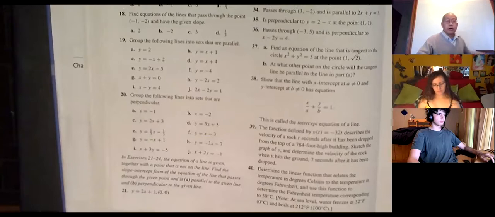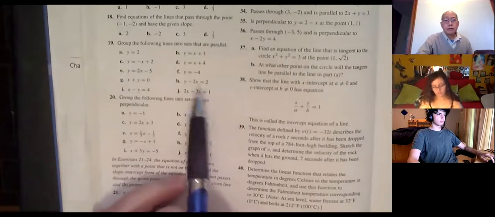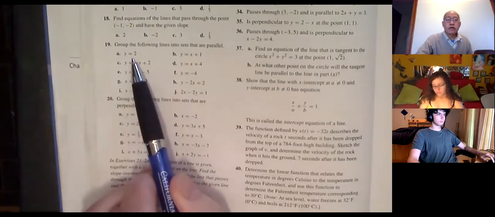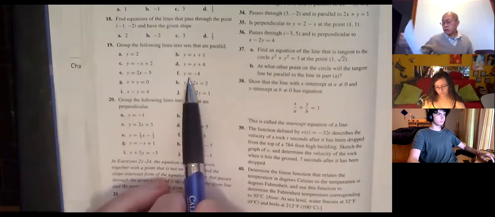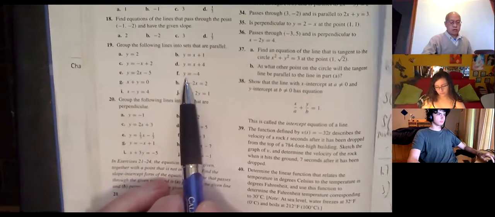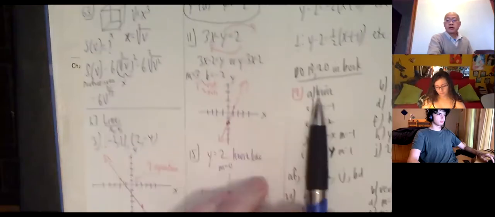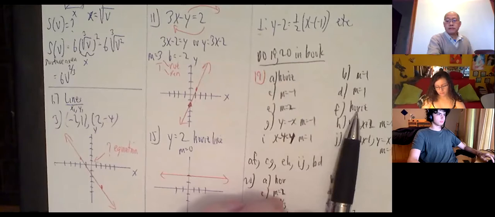Okay, so what you have to do is first find the slopes of all of these. So I notice for A, it's a horizontal line, so the slope is 0. And likewise for F, the slope is 0. So it's a horizontal line. So 19A is horizontal, F is horizontal.